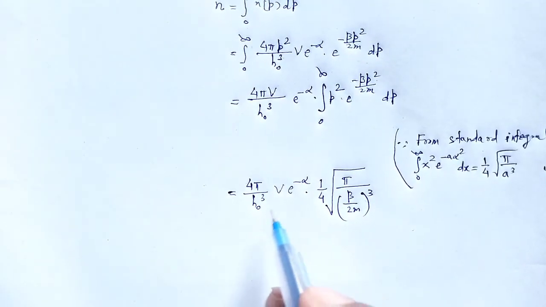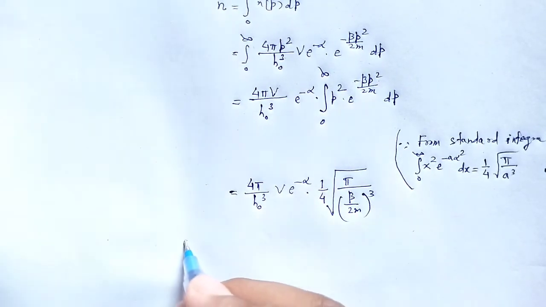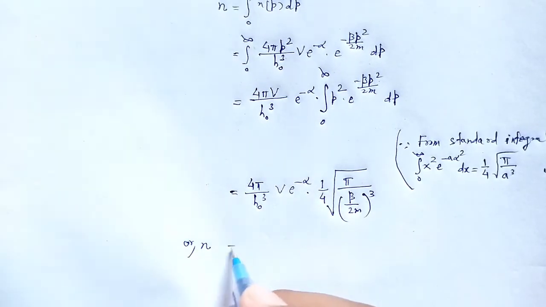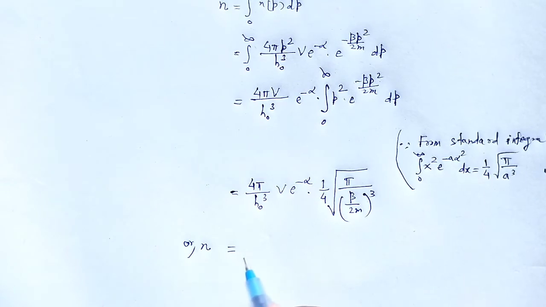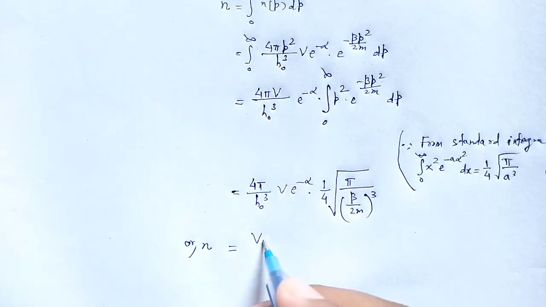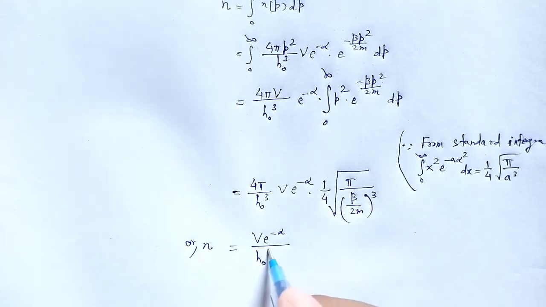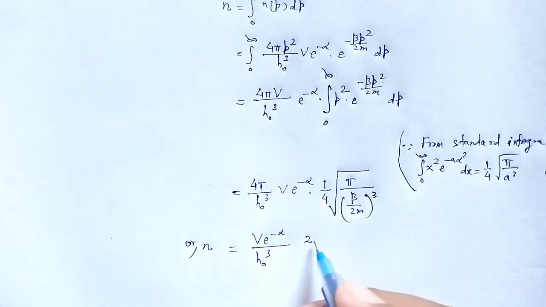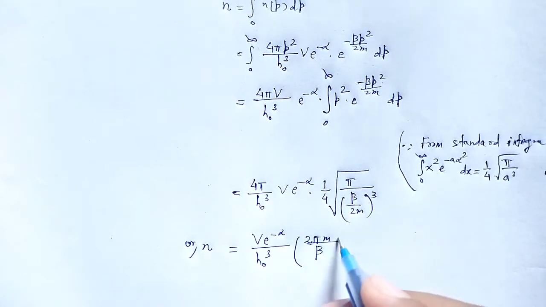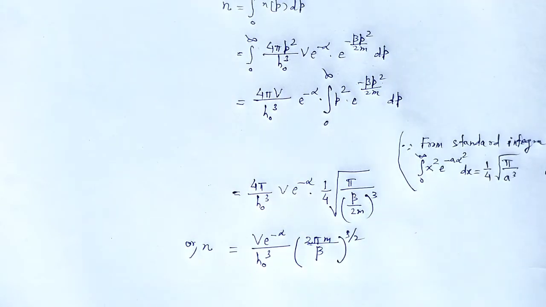So simplifying that term, we have N is equal to, that is the total number of molecules, V e to the power minus alpha divided by h naught cube, 2 pi m divided by beta to the power 3 by 2.